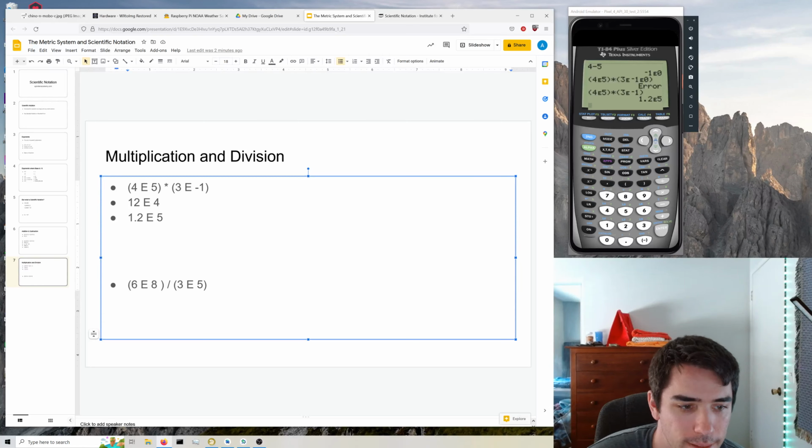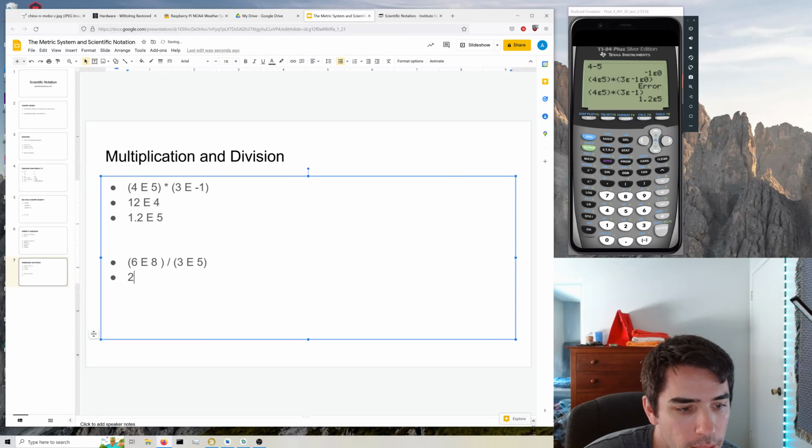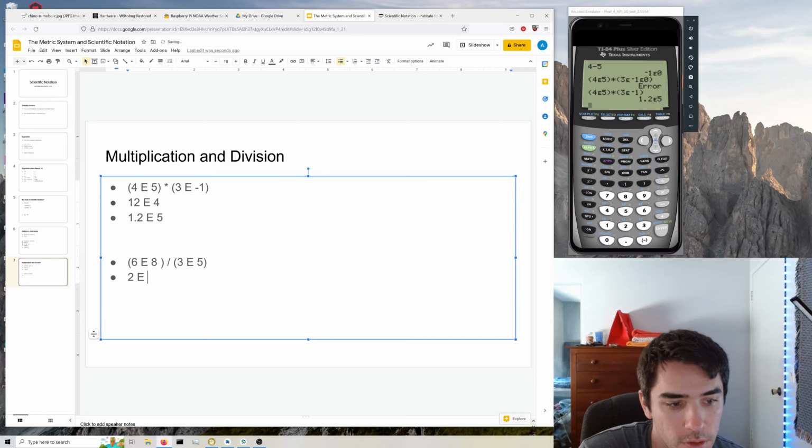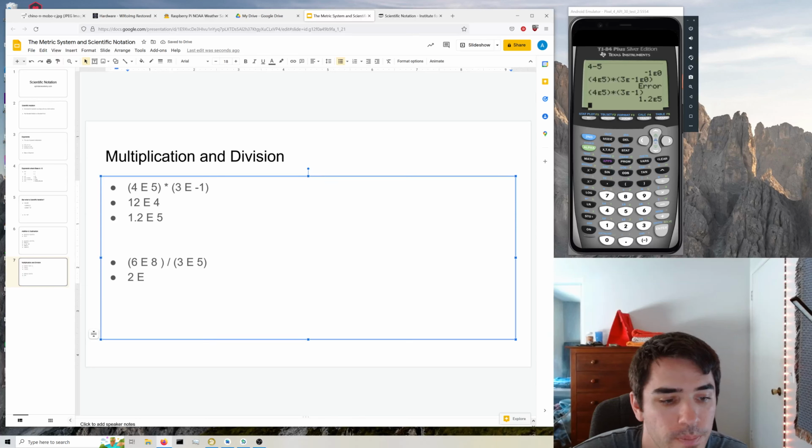And then lastly, we're going to do 6e8 divided by 3e5. So you do the division of 6 over 3, so that's 2. And then for the exponents, you go 8 minus 5 because you're doing division, and that's 3.